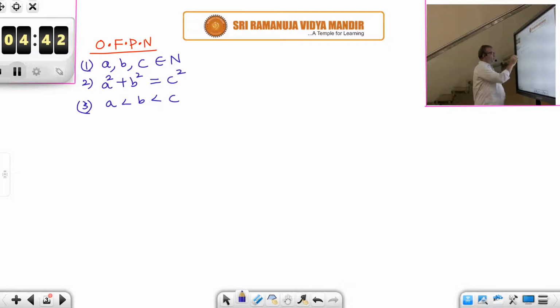And fourth one, no common factor. That means they are fundamental. Common factor means they are not fundamental, they are secondary.